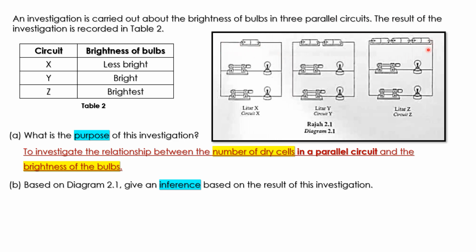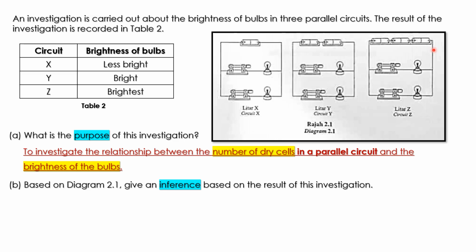The number of dry cells is what has changed the brightness of the bulbs in this circuit, but we cannot say that the brightness changes because the number of dry cells changed. We can't say that, because the number of dry cells is something that's stated in the diagram. We can see it in the diagram, so it's something that's given by the question.